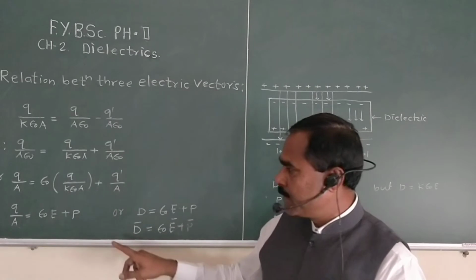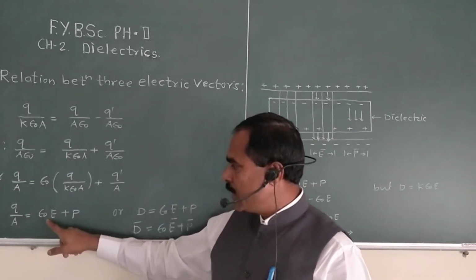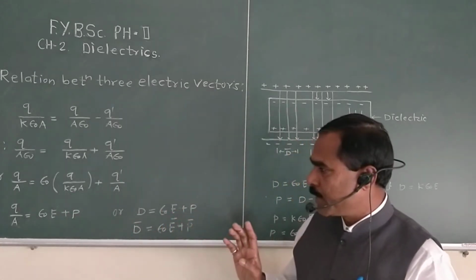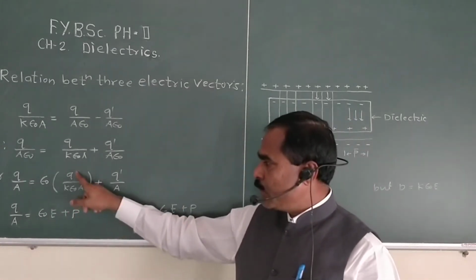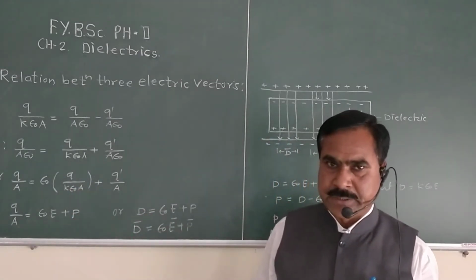Then in the next step we write Q upon A equal to epsilon E bar plus P bar, because Q upon K epsilon A is the electric intensity in dielectric.